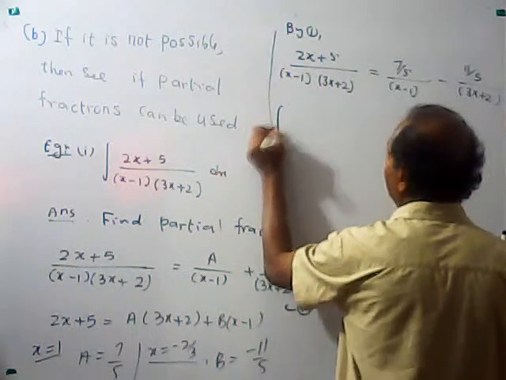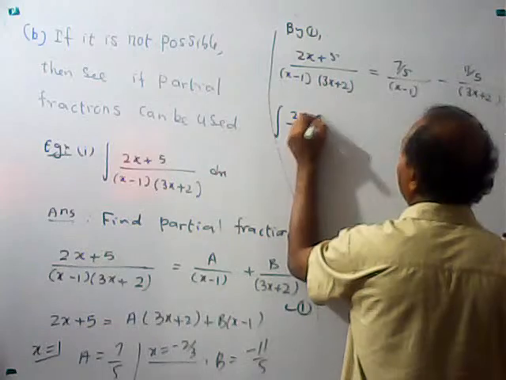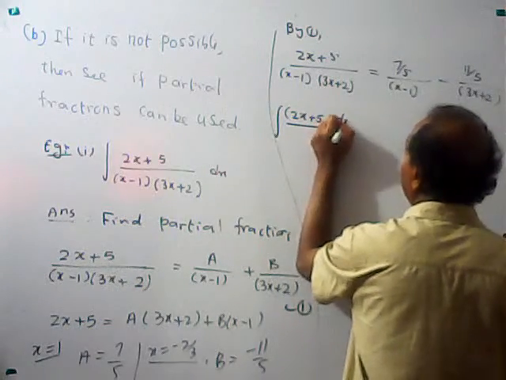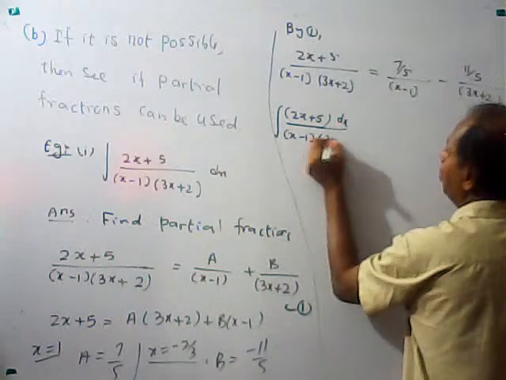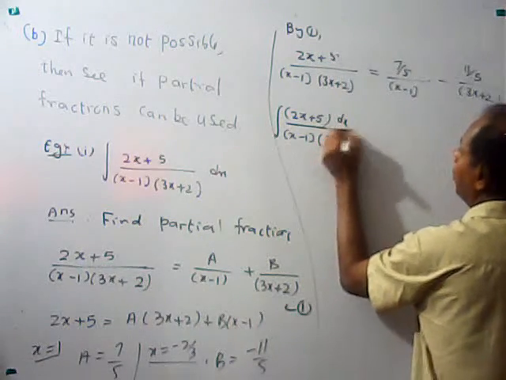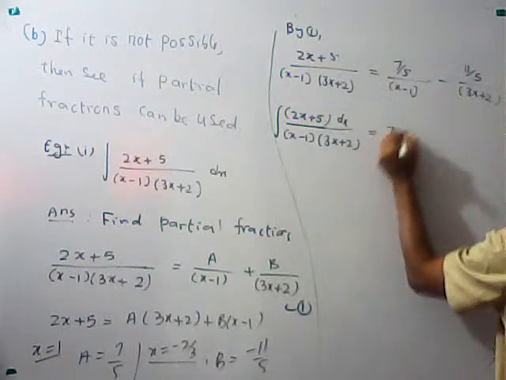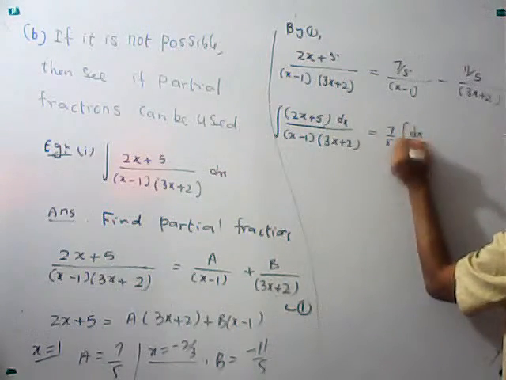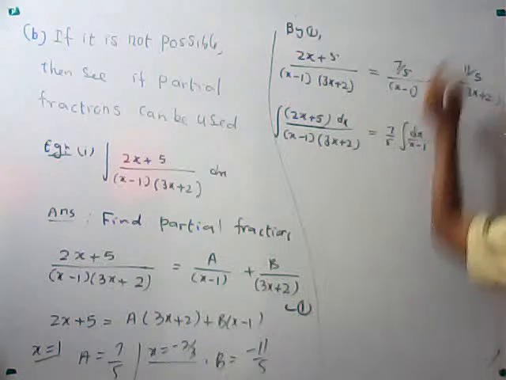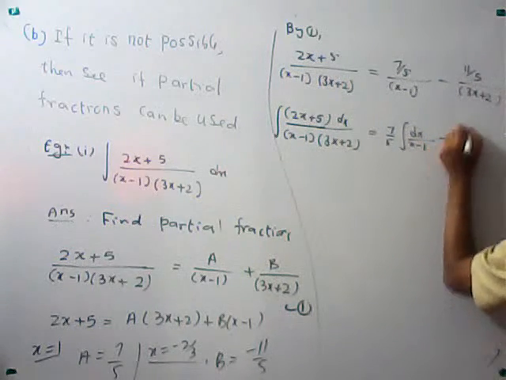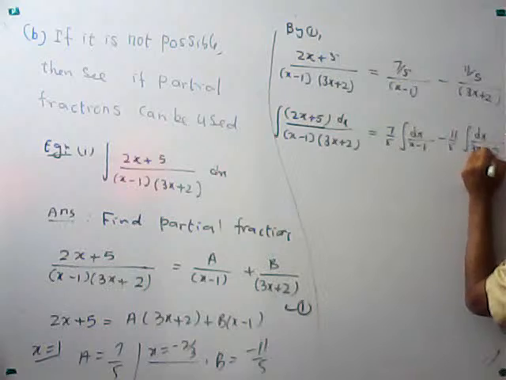So the integral of (2x + 5) dx over (x - 1)(3x + 2) equals, you can take the constant 7 over 5 out, integral dx over (x - 1), minus, you can take the constant 11 over 5 out, integral dx over (3x + 2).